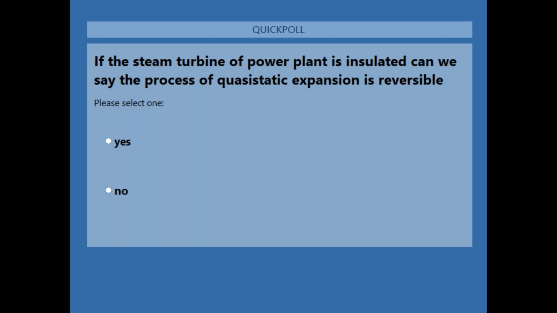You are insulating the steam turbine, and I am asking you that when you are having an expansion of the steam in the steam turbine, that process is a quasi-static expansion. We want to imagine it. Then whether that process of expansion is reversible or not, right?